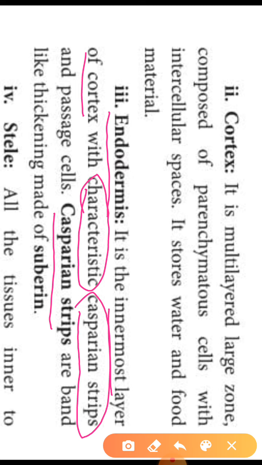We learnt this in dicot root. It contains passage cells, which are transporting cells. The band-like thickening is the Casparian strips, and it is made up of suberin.